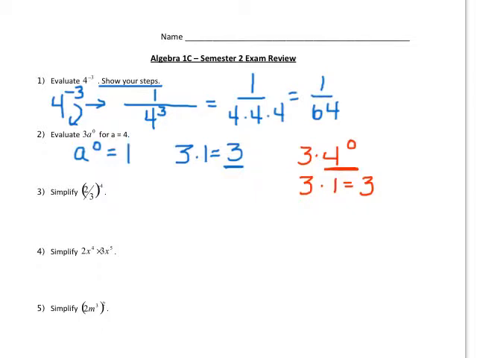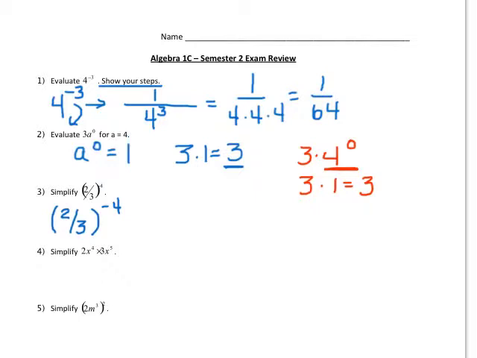Okay, next one. Simplify 2/3 to the power of, and I know that's a little bit hard to see, sorry about the formatting there. That's 2/3 to the power of negative 4. Well, 2/3 to the power of negative 4, remember that a negative exponent turns things into the reciprocal.